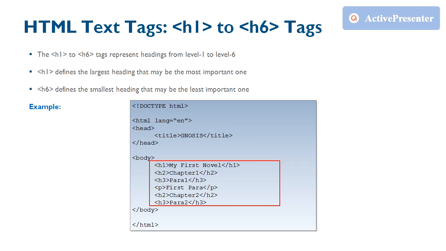After that, we have the first chapter, which is a bit smaller font, and then we have the name of the first para, which is again a smaller font, and then we have a P tag, which displays the content of the first paragraph. Similarly, we have chapter 2 as an H2 tag, and then inside chapter 2 we have a para 2 tag. I'll show you what it looks like when we take up the lab session. For now, just understand that this is how we use the tags based on the importance level for heading.